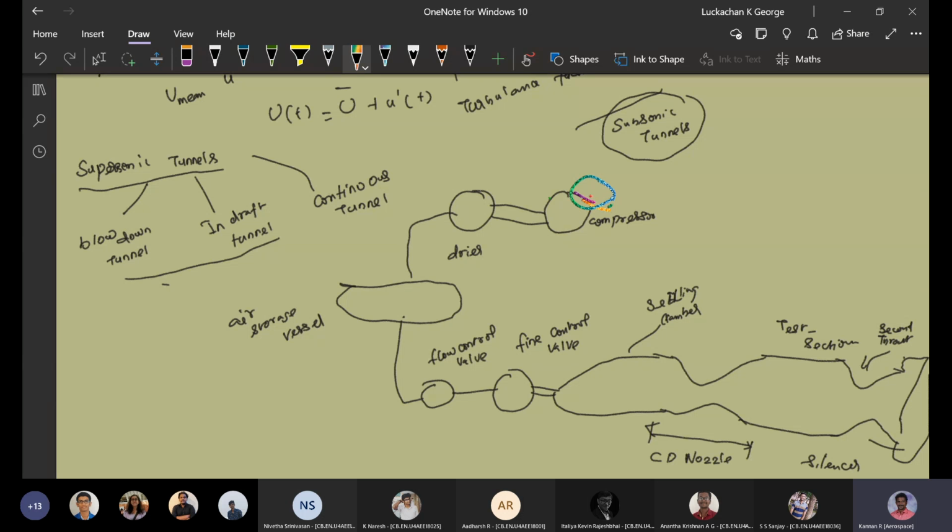The reason is, if you do not remove the water vapor, it will go and sit in all those valves and tanks, corrode the valves, and cause them to malfunction.